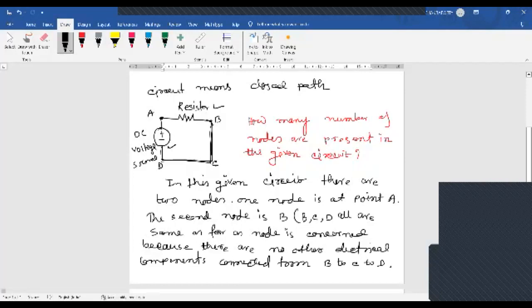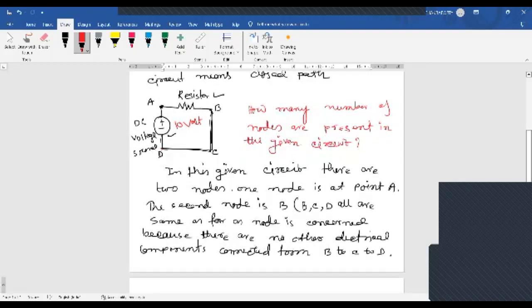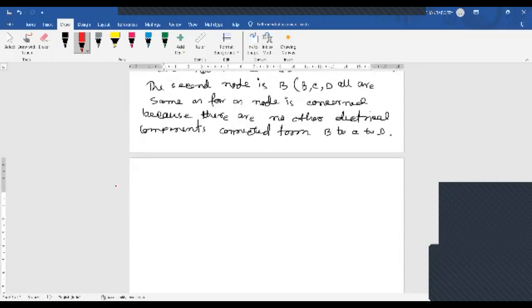So basically there are two nodes. Suppose now I say the voltage of this DC source is, suppose, 10 volts. That basically means the voltage of point A with respect to, suppose, point D. If I want to define a voltage, we must have two nodes.